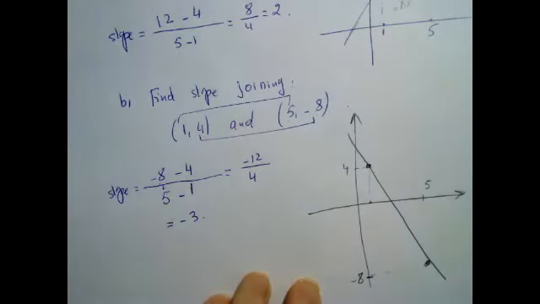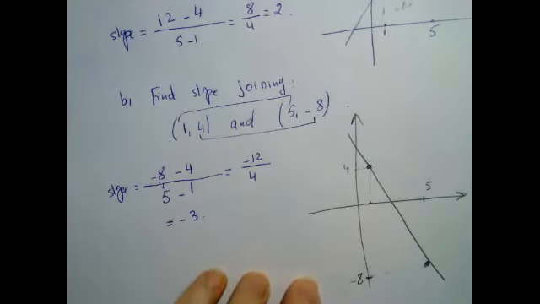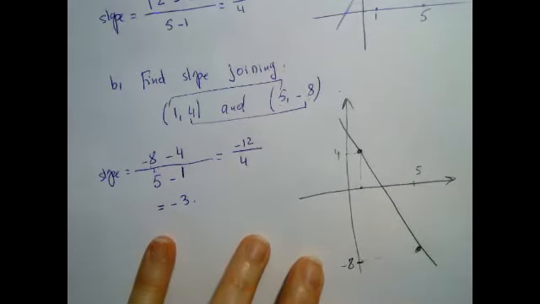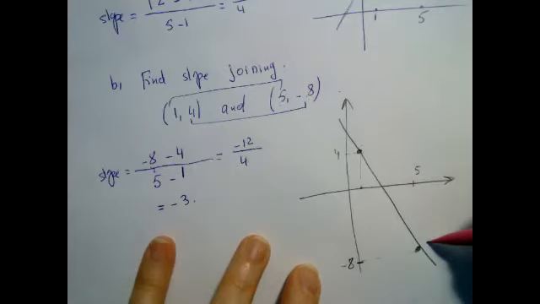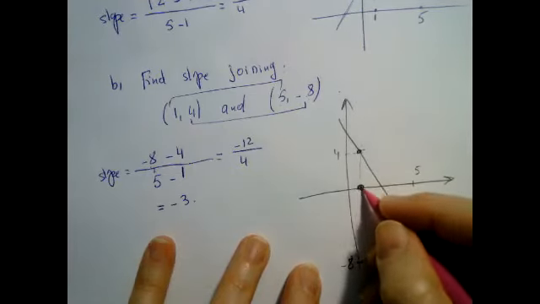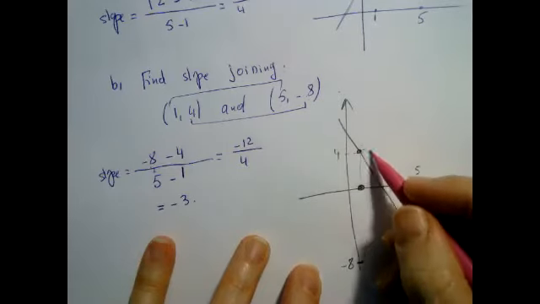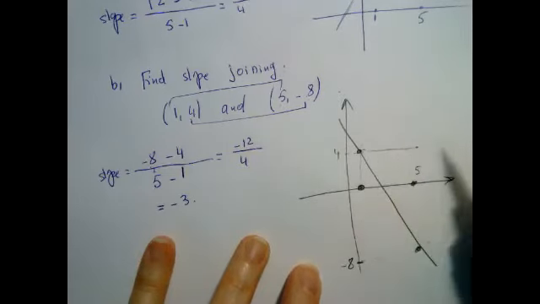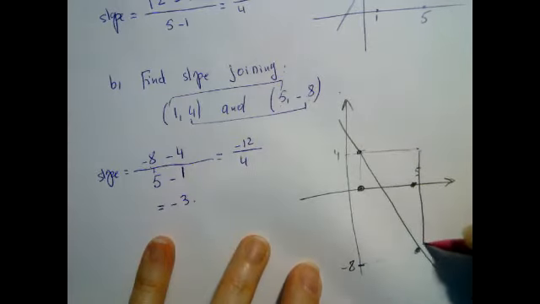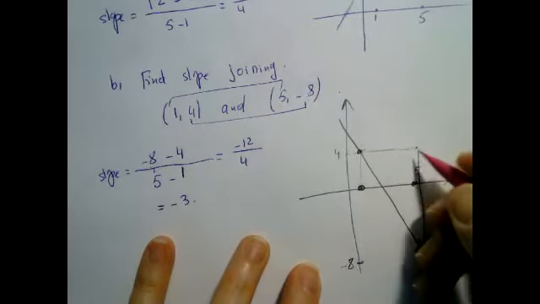And as for the average rate, why do we expect the slope to be negative? Because the line is actually falling. So what's happening here? As we go from this point, y was 4, and then y becomes minus 8. That's from here to here.